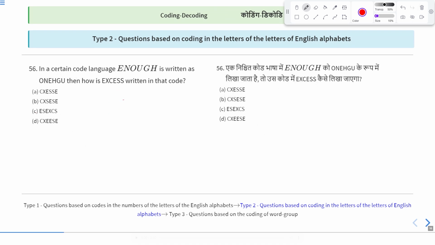In a certain language, ENOUGH becomes ONEHGU. So here we have a shuffling of letters. 1, 2, 3, 4, 5, 6 becomes 3, 2, 1, 6, 5, 4.